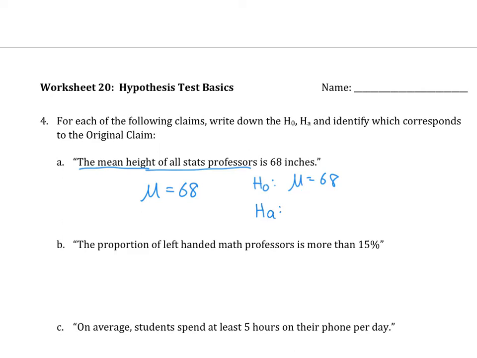So what's the opposite of mu is equal to 68? Mu is not equal to 68, right? So there's my H0, there's my HA, and this happened to be my original claim. Sometimes I'm going to write it as OC. Okay, I'm going to have you pause and finish the rest of number 4.